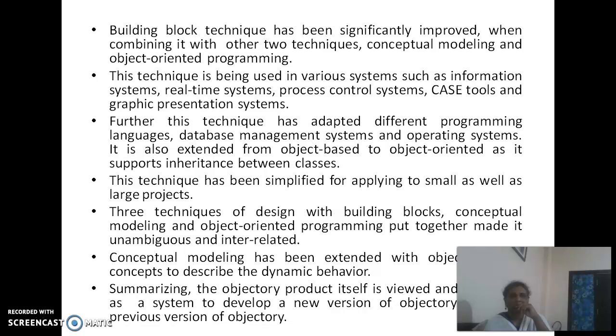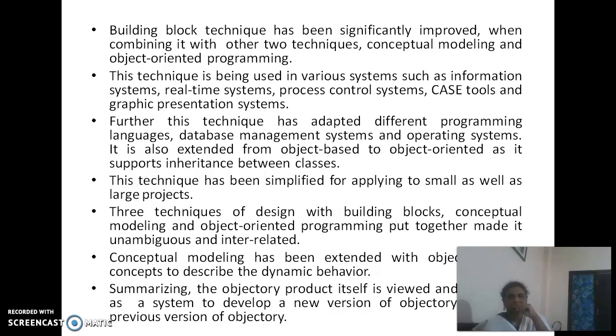When all these building blocks are combined, the effective functioning of the system takes place. To aid this building block technique, two other techniques are also combined to have an efficient or significantly improved system.